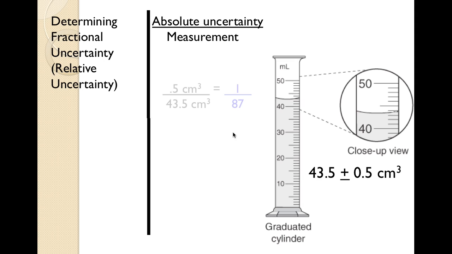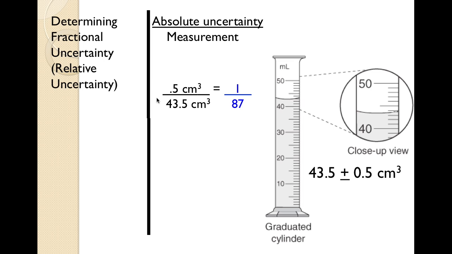So that would mean you take 0.5 centimeters cubed and divide it by 43.5 centimeters cubed. The centimeters cubed would cancel out and you would be left with 1 over 87.